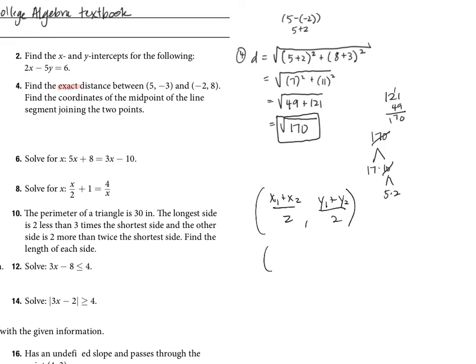So we have 5 plus a negative 2 over 2, and then negative 3 plus 8 over 2. And so now we're going to just simplify that. So 5 plus negative 2 is 3, so 3 halves. And negative 3 plus 8 is 5, so 5 halves. So that is the midpoint.